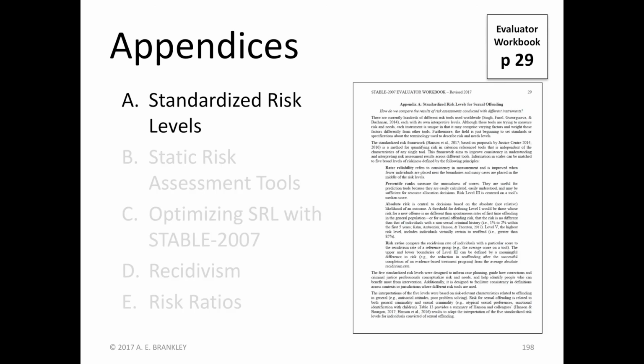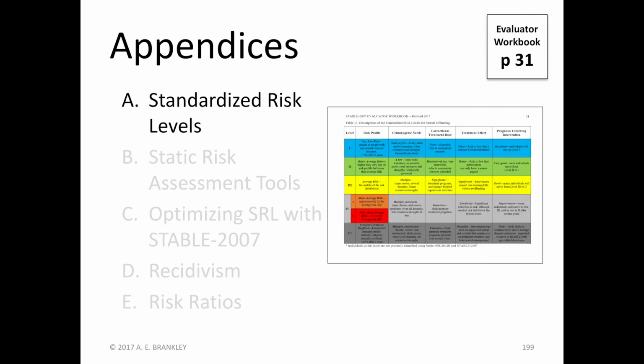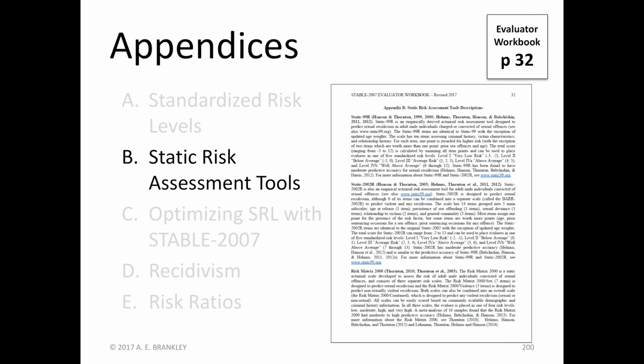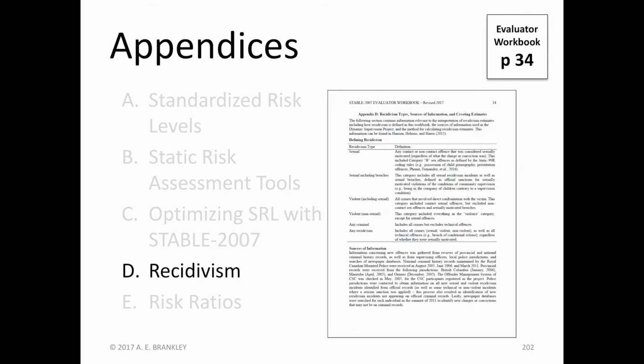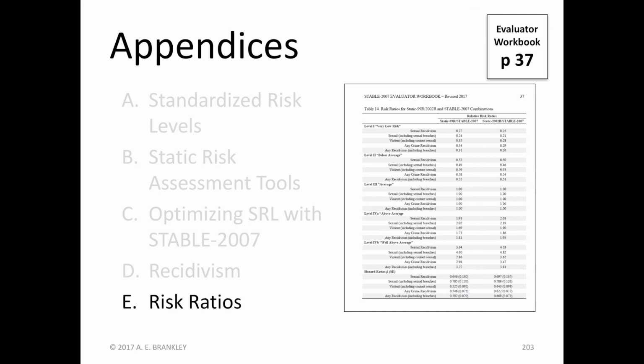Appendix A provides a detailed summary on the standardized risk level with a table of their main features. Appendix B provides a summary of the different static risk tools that can be combined with Stable. Appendix C provides more detail on how we combine Static and Stable. Appendix D describes the different types of recidivism outcomes and how they were calculated. Lastly, Appendix E describes the new risk ratios.